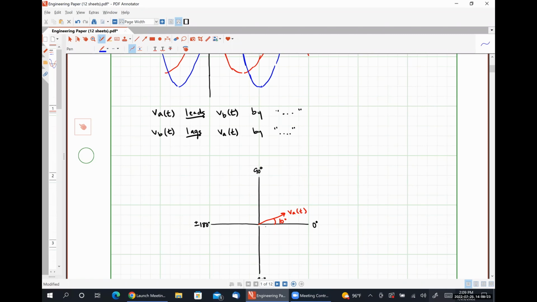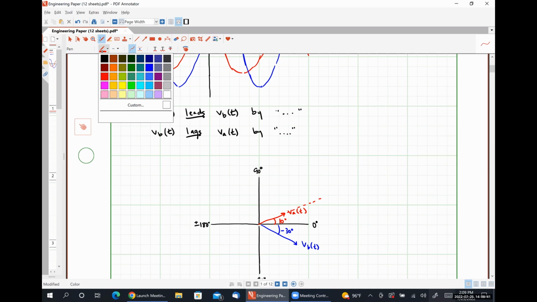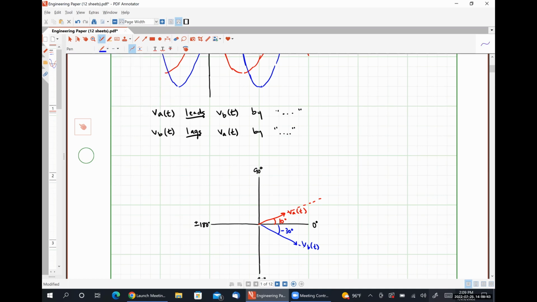So that might be something like this. And what I'm going to do now is continue on with this projection here and this projection here, because the lengths of the vectors don't particularly matter in this representation, okay?